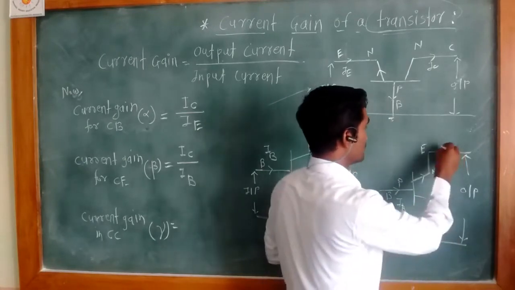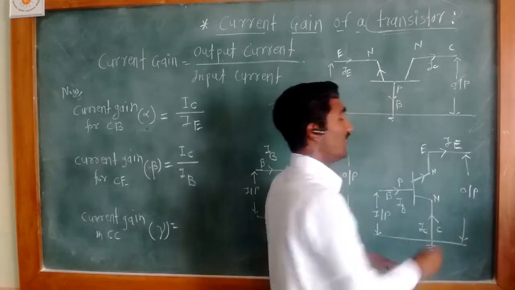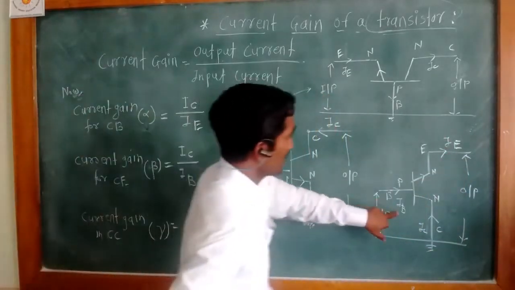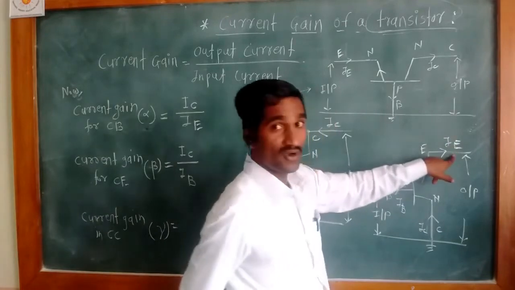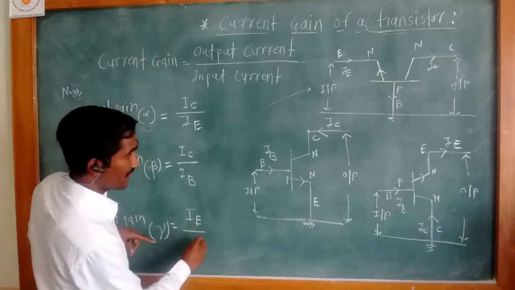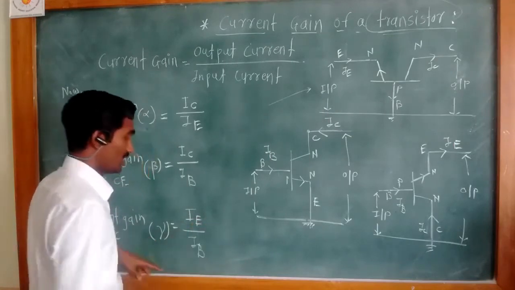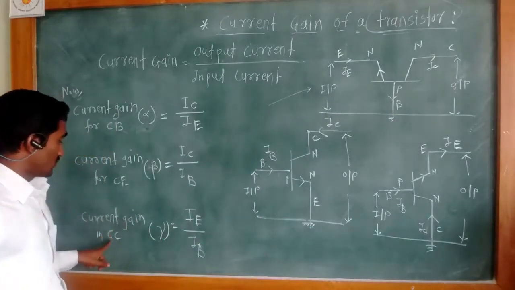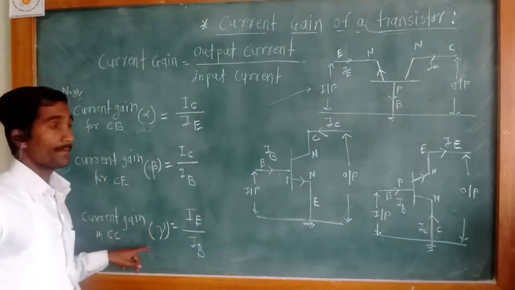IB is the input current and IE is the output current. So IE divided by IB is the current gain in case of the common collector.